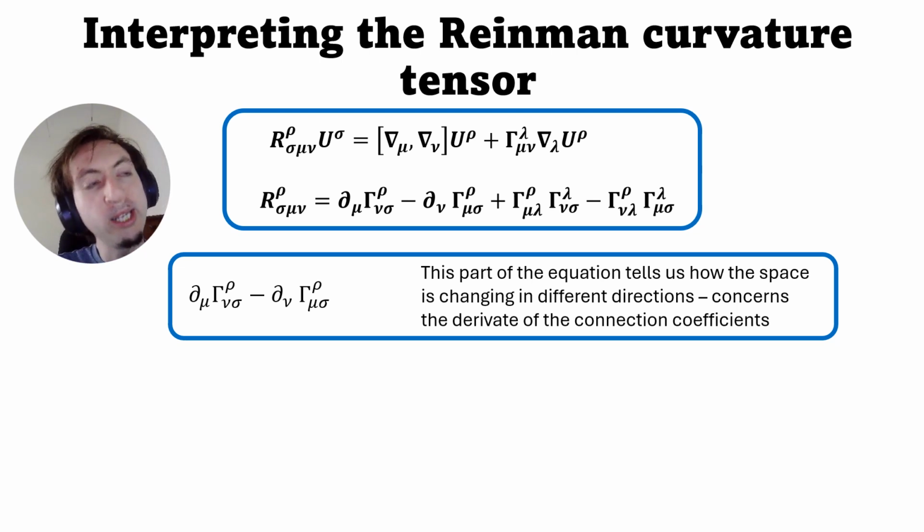So this part of the Riemann curvature tensor is really about how the manifold is shifting direction. Well, yeah, it's about how the curvature of the manifold is shifting direction. That's probably a better way to think about it.